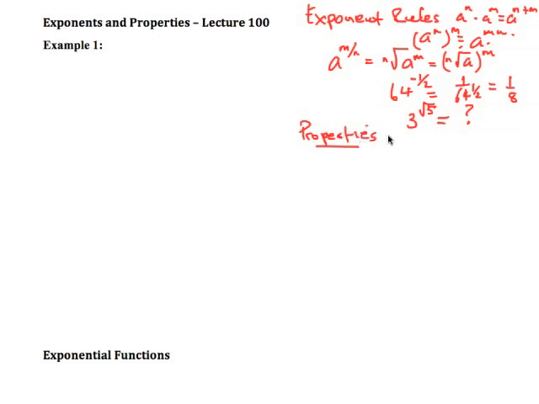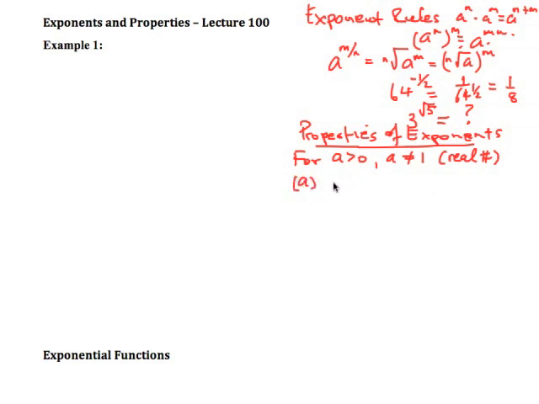Okay, so let's talk about properties of exponents here that add on to what we already know about exponents. The first one is this. Let's suppose we have a real number a greater than 0, and I don't have it equal to 1. Then we have the following properties.